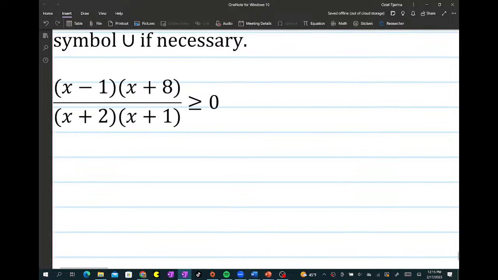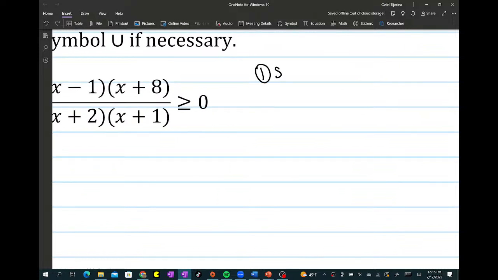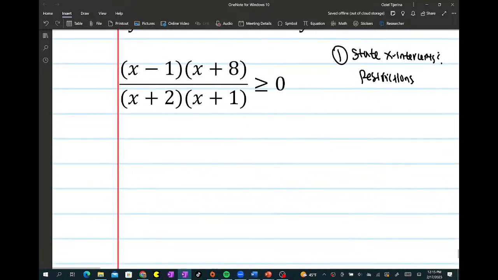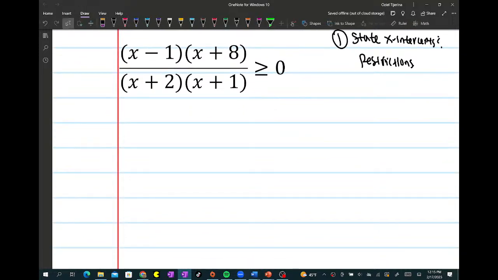Number 1, state x-intercepts and restrictions. By restrictions, I mean if there's an x term in the denominator, those are your restrictions when you set them equal to 0. The first part we're going to do is our x-intercepts.